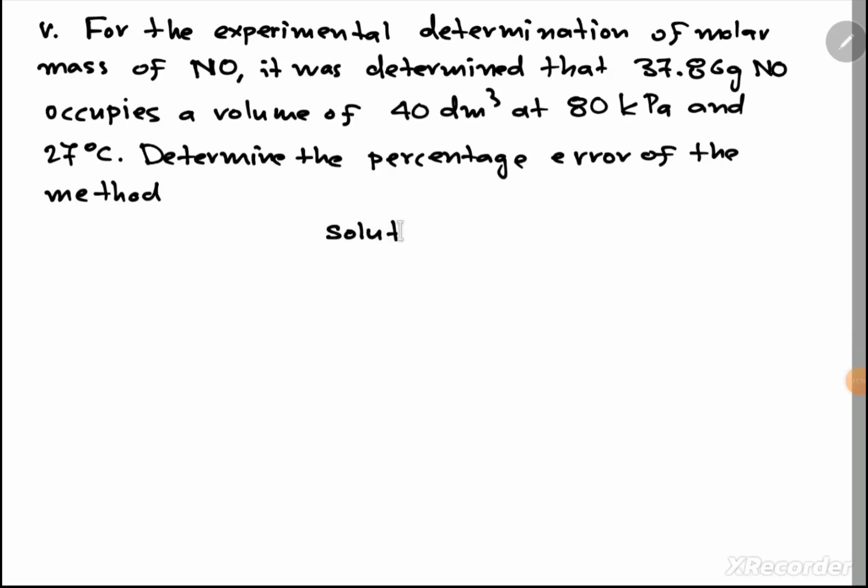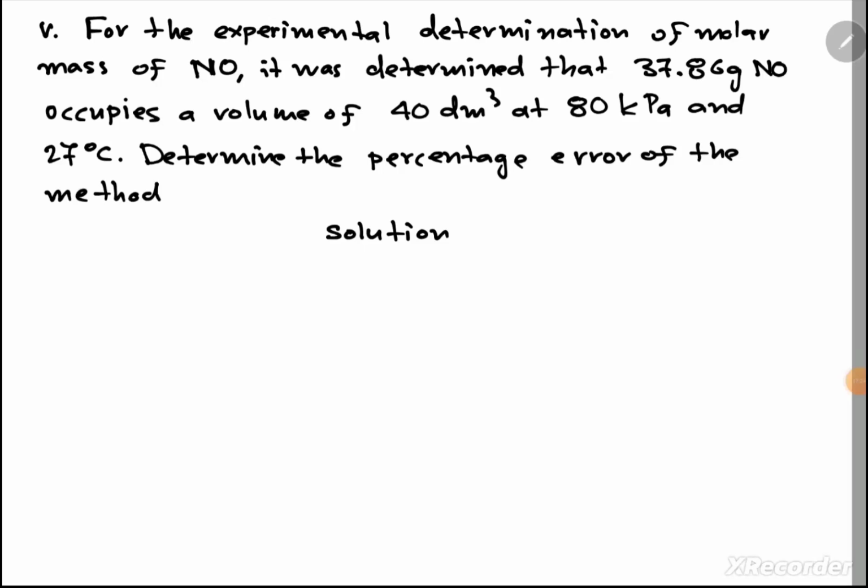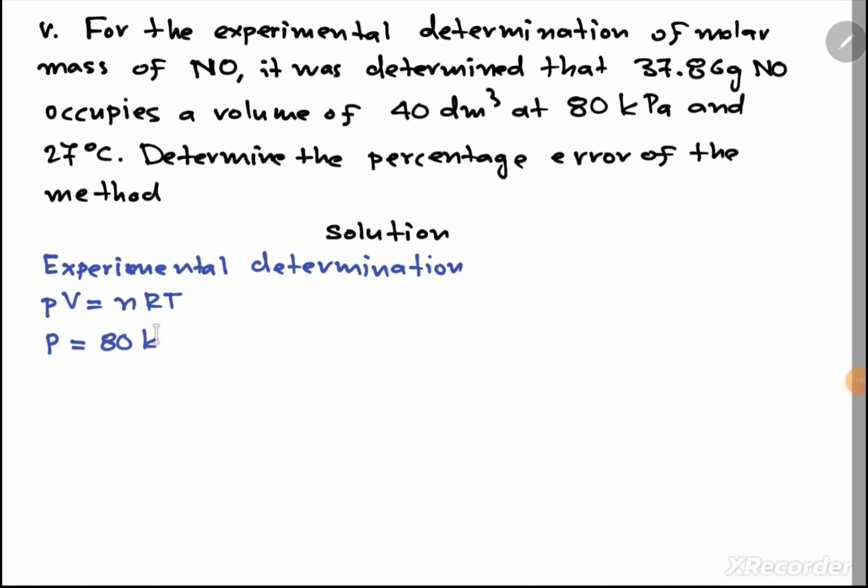Let's see the solution. We have one condition for the gas, so we have to use for the experimental determination the ideal gas equation, and we have pressure 80 kilopascal, so we have to find Pascal.